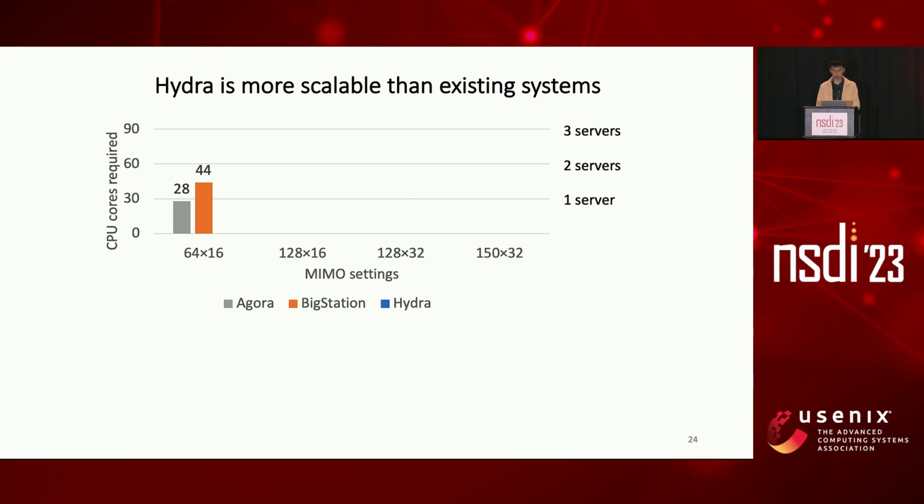BigStation requires 44 cores for 64 × 16 MIMO, which already spans 2 servers, while Hydra requires only 19 cores. Compared to BigStation, we see similar results for 128 × 16 MIMO. For even higher MIMO dimensions, like 128 × 32 and 150 × 32, BigStation cannot support them with 3 servers, while Hydra can support them with 53 cores and 70 cores respectively.